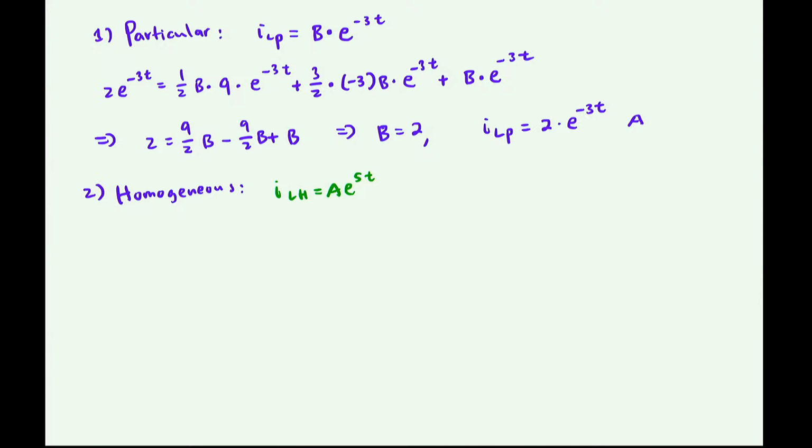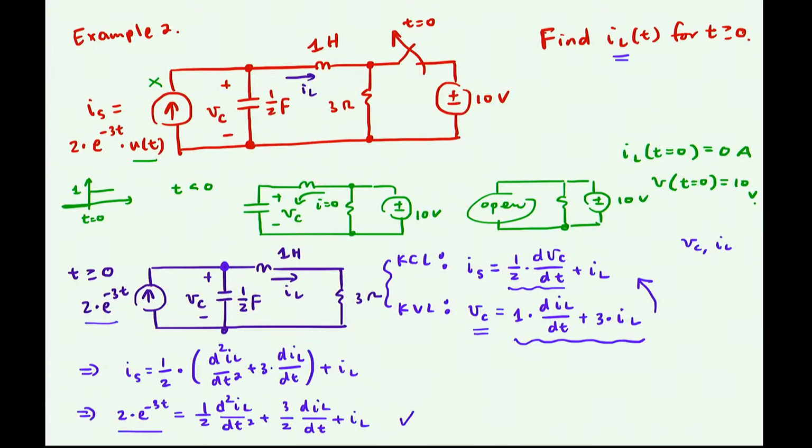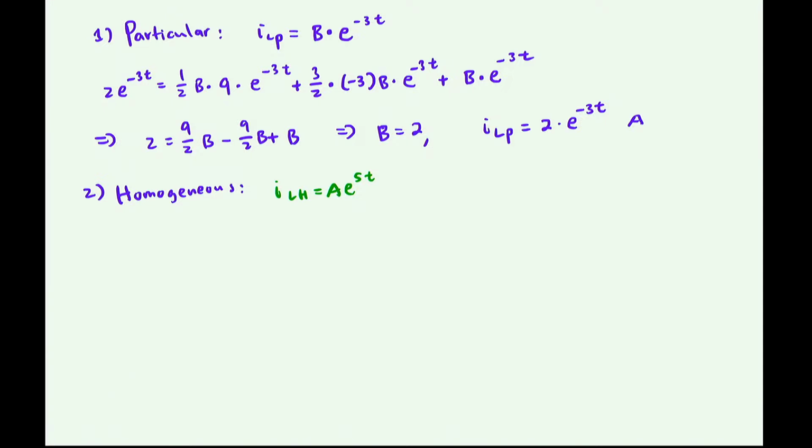and then put it in the previous equation here. First substitute it in, but the term on the left side becomes 0, right? So 1/2 d²IL/dt² plus 3/2 dIL/dt plus IL. Then we directly write the characteristic equation. Okay, so we have s equal to -2 and -1.